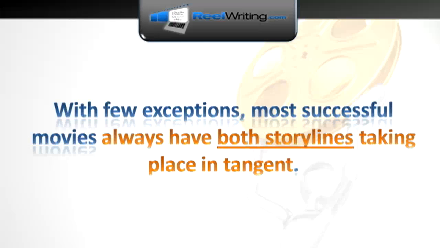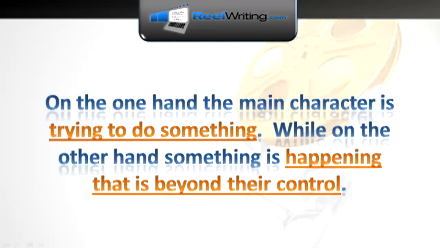You see, with few exceptions, most successful movies always have both storylines taking place in tandem. In every good movie, there's always a two-tiered component to what is taking place within the story. On the one hand, the main character is trying to do something, while on the other hand, something is happening that is beyond their control.